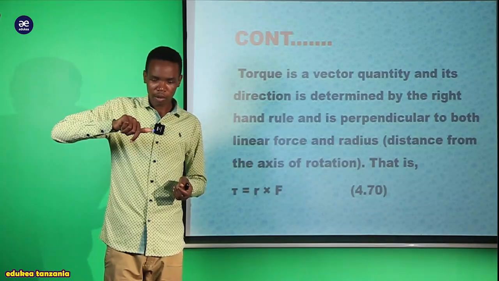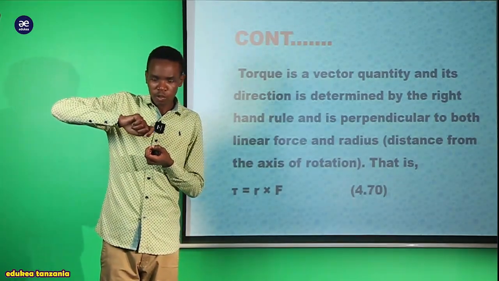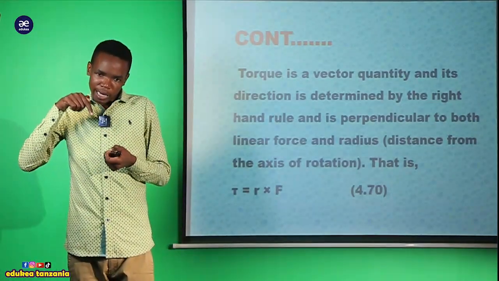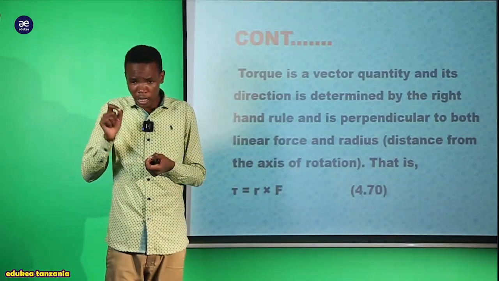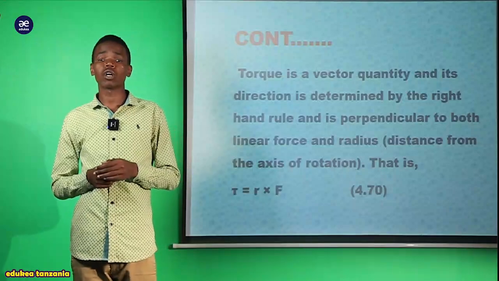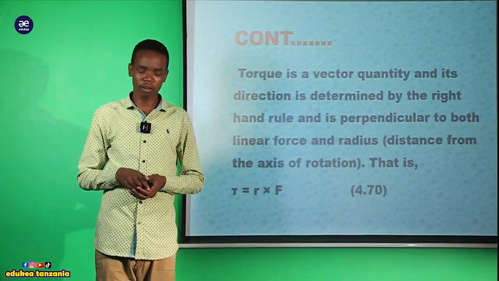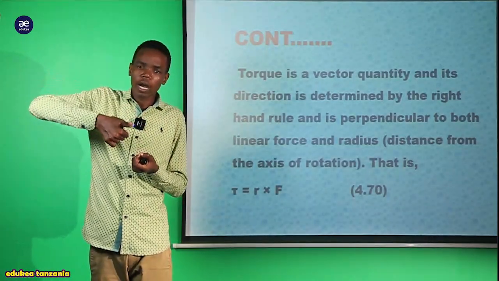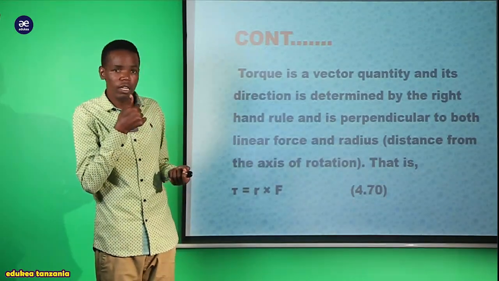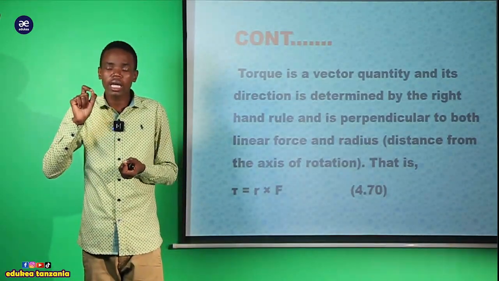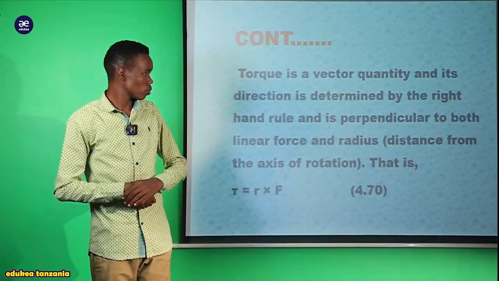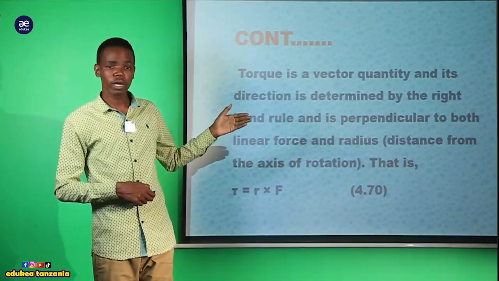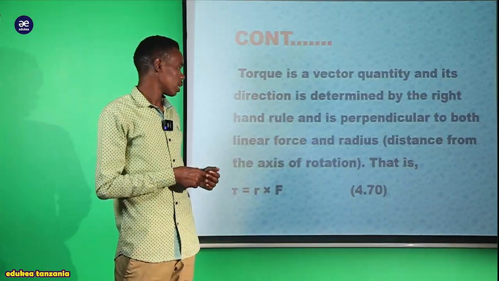The right hand rule says that if we take a screw and rotate it, the rotation of the screw indicates the direction of the magnetic field, while the direction in which the screw moves indicates the direction of the conventional current. Our rule said that: imagine we have a nut, and as you open it, the rotation indicates the direction of the magnetic field, while the direction it moves inward shows the direction of the conventional current. That is what the right hand rule says. So the torque is determined in direction using the concept of the right hand rule.